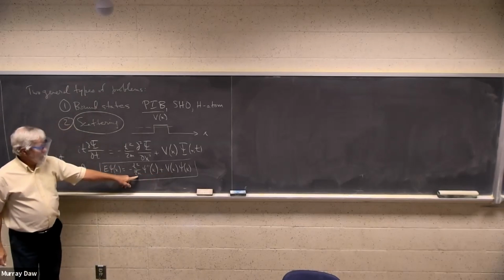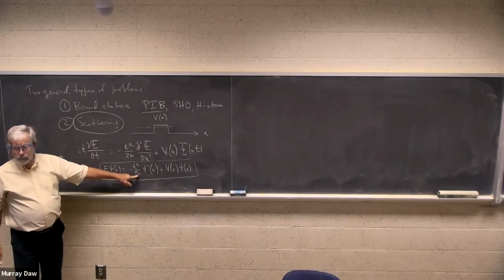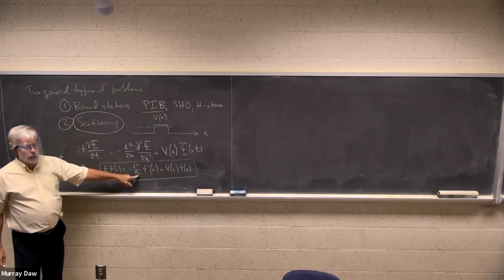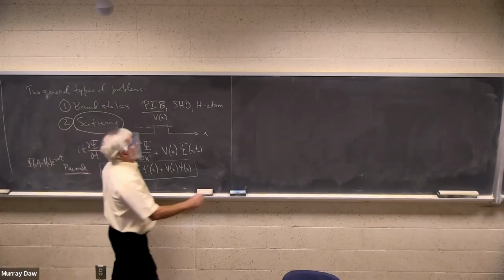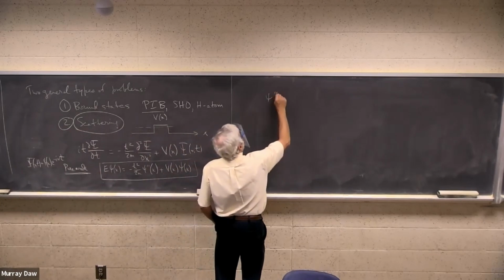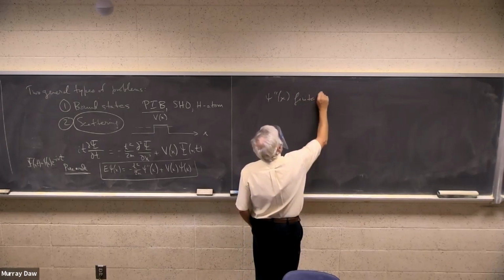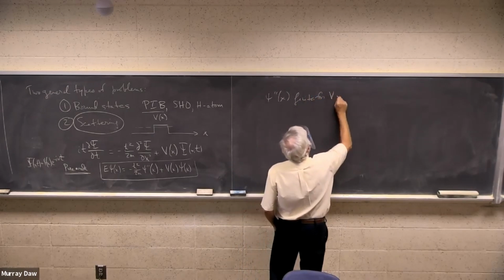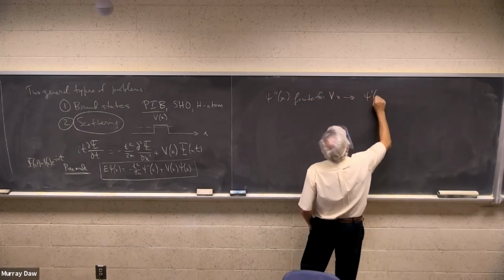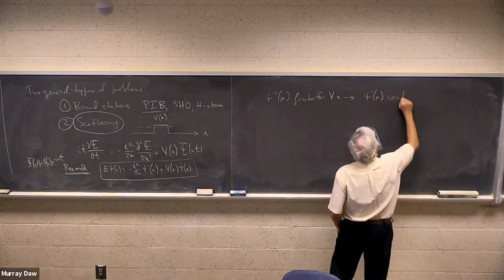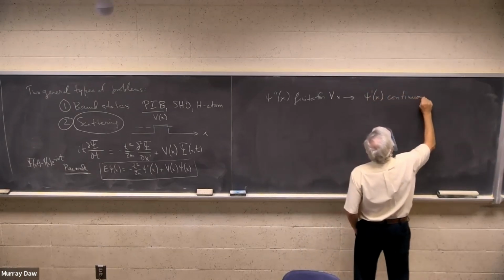So that means that the second derivative of the wave function is finite, which means that psi double prime is finite for all x, which implies that psi prime of x is continuous for all x.